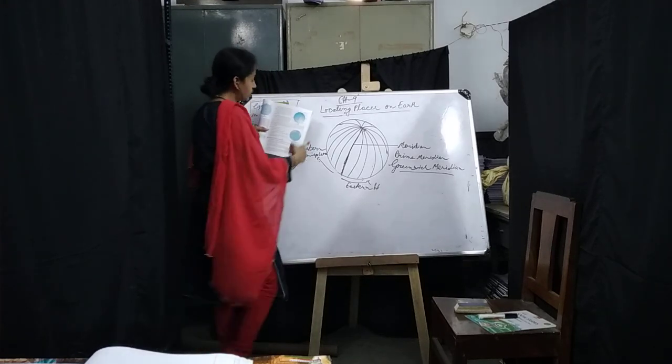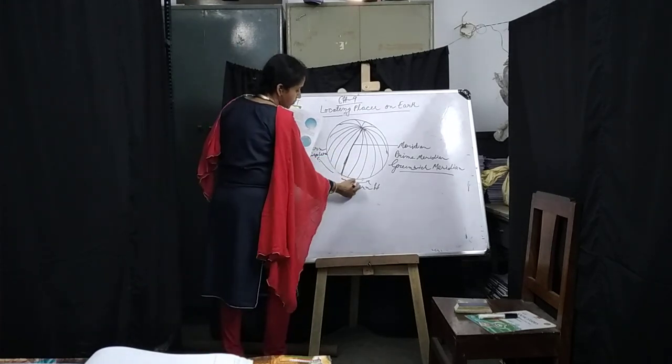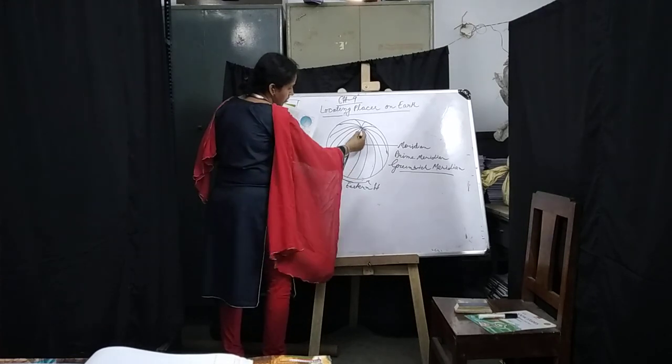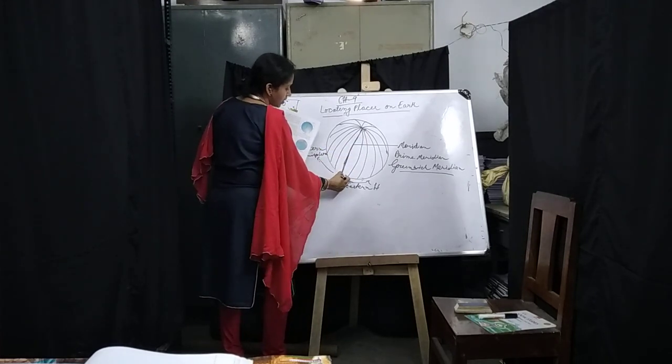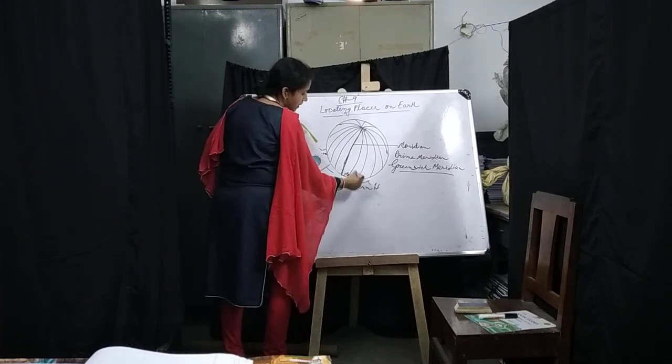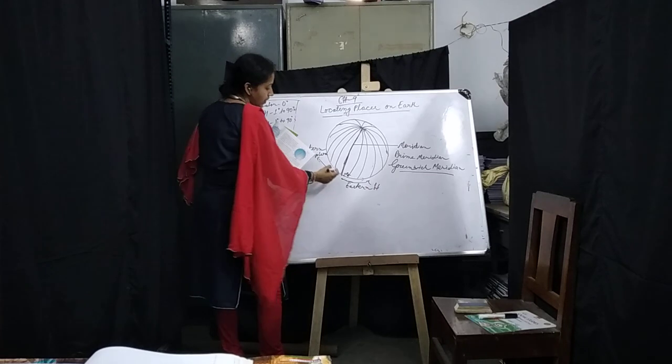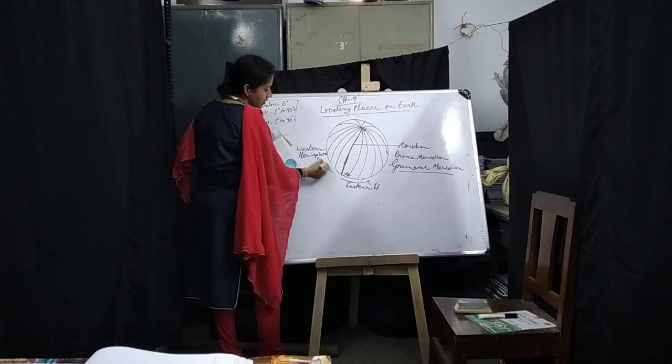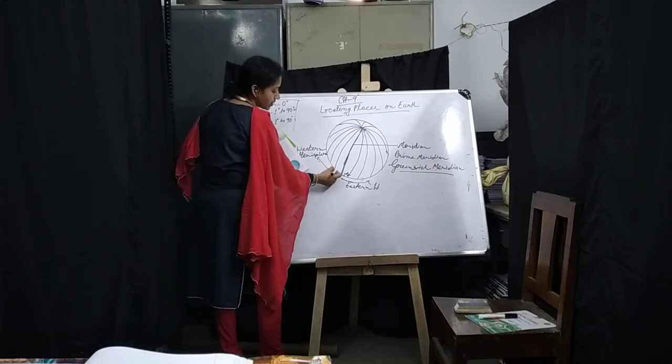So when we move eastwards, it is measured as 1 degree east, 2 degree east, 20 degree east, 40 degree east, and when we move westward, it is measured like 10 degree west, 20 degree west.